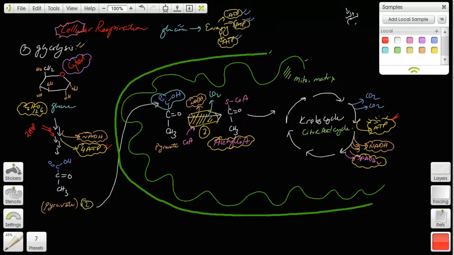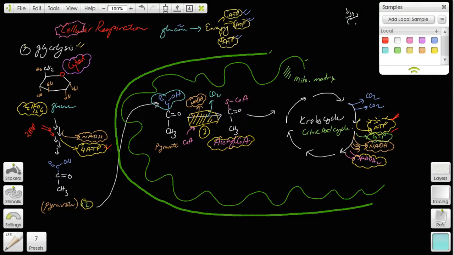And I must say there's another ATP-like molecule, GTP, which is also a cousin of ATP, so to speak, and is also an energy-rich compound that's generated. So ATP is generated over here, and GTP is generated, and ATP is generated over here.